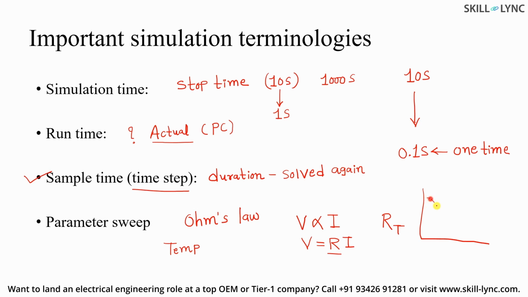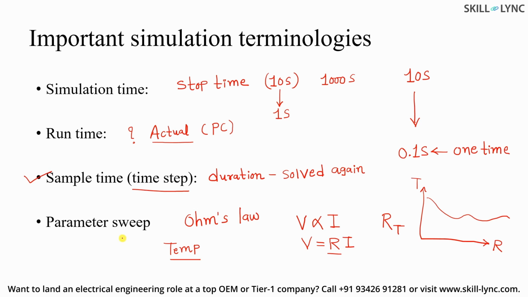Let's say it's going to be like this, or maybe for a different type of material, whatever is the temperature and whatever is the value of the resistance, that may be different. So if the temperature increases, the value may decrease, right? That may be the negative temperature coefficient devices. In short, you want to understand the effect of temperature on the resistor.